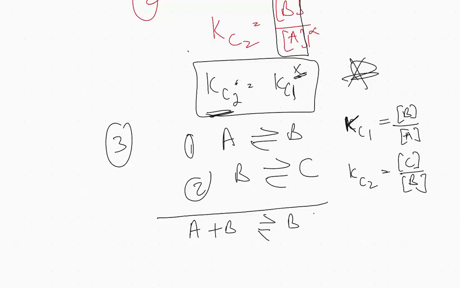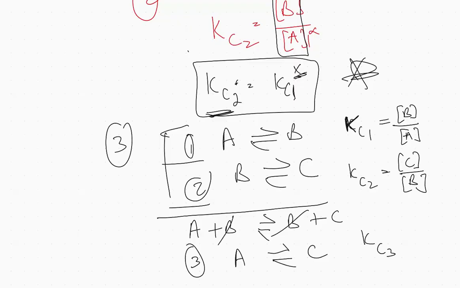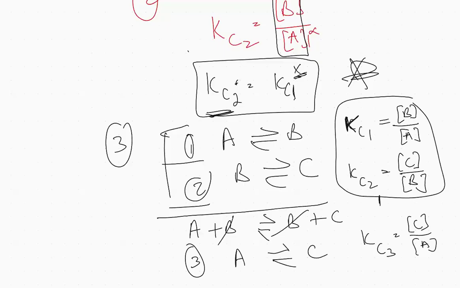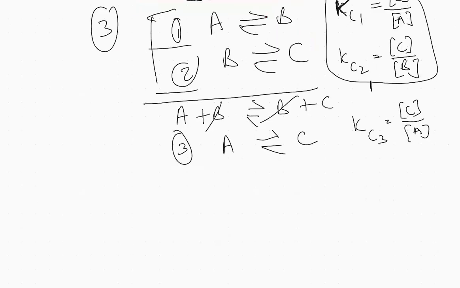So the net reaction is A going to C. If this was a two-step reaction, you know from reaction rates that some reactions have more than one step. So if I say this is the third one, I can write Kc3 as C over A. Now see how you can combine these two to get Kc3. Kc3 can be obtained if you multiply Kc1 by Kc2. Why?